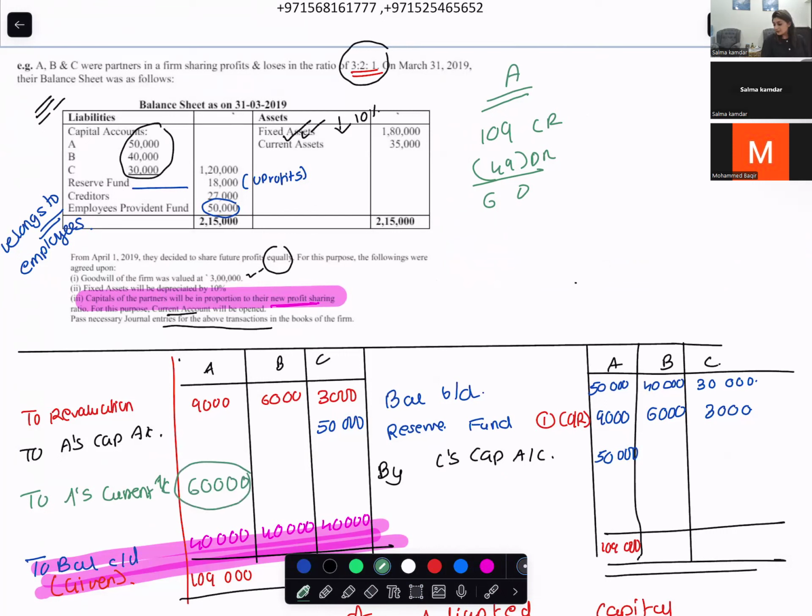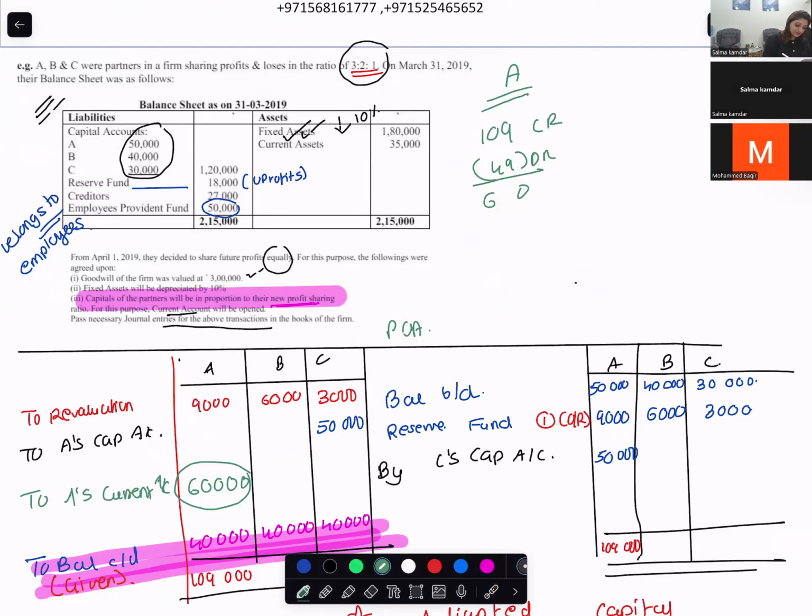What will be the journal entry for this? A's capital account debited to A's current account.